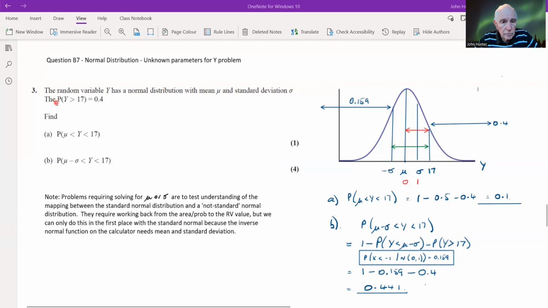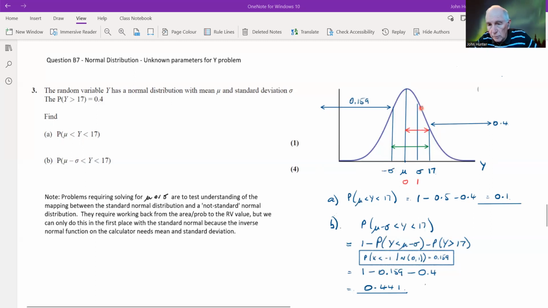It says the probability that the random variable is greater than 17 is 0.4. And then it asks us to find the probability that the random variable is between the mean and 17. Well, we've got this curve drawn on here. We've got the mean in the middle, mu, and the standard deviations there.